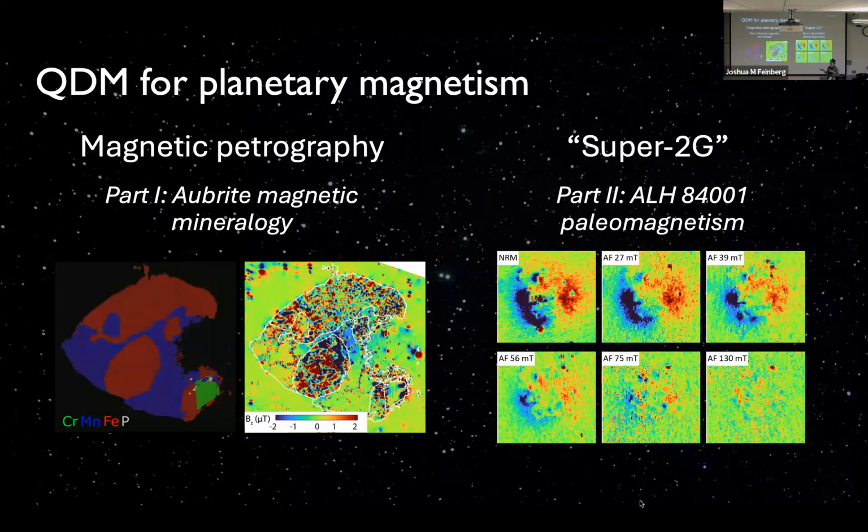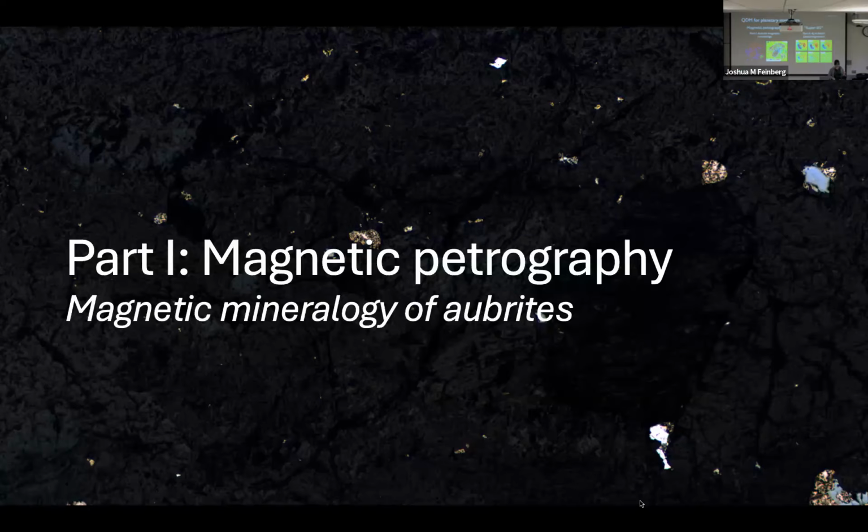The alternative is what we call a super 2G: using the QDM as a primary paleomagnetic investigation tool to extend these net moment magnetometry, classic 2G experiments to really small or complicated samples. So I'm going to split this talk into two and talk about one project from each of these categories. So I'll talk fast.